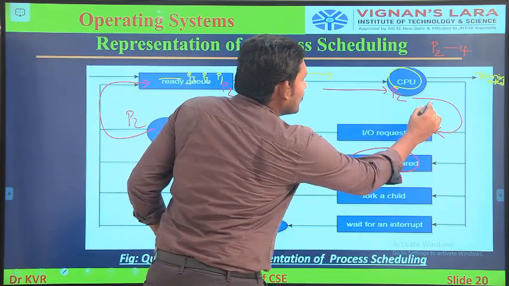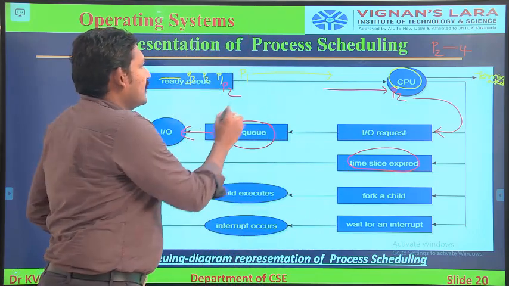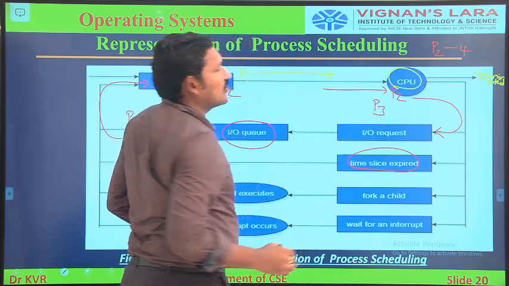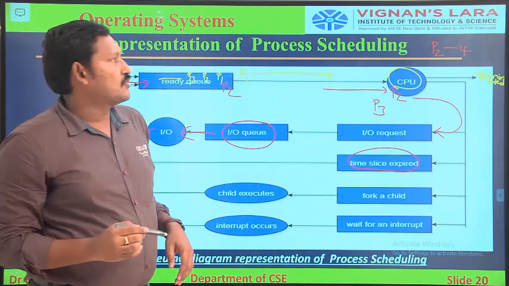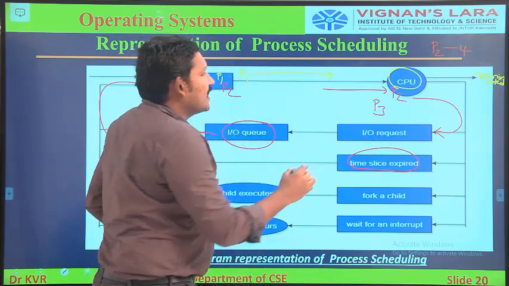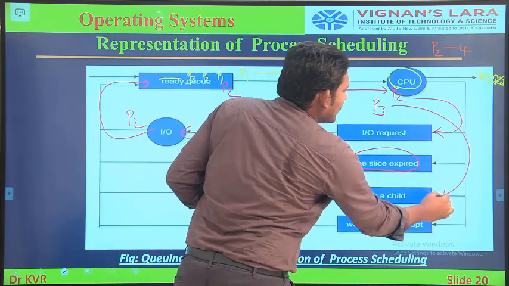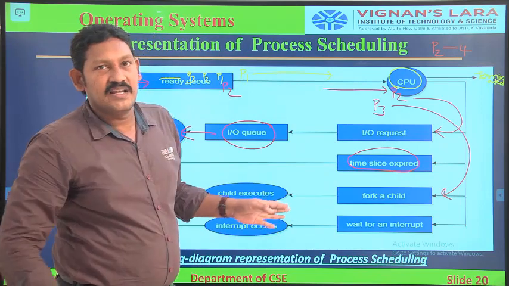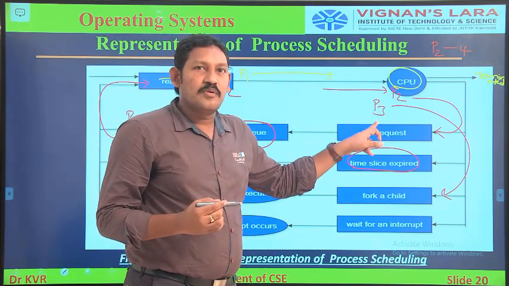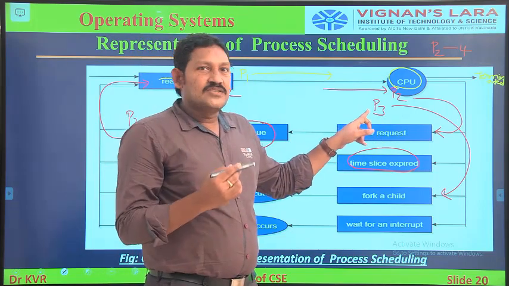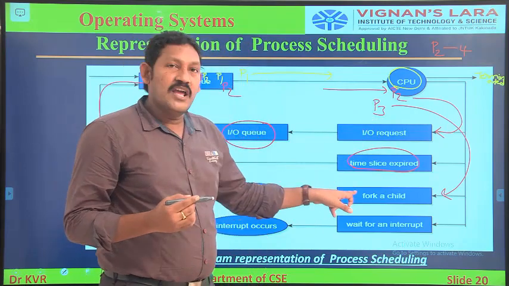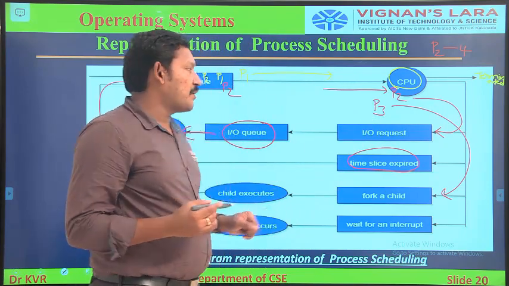Coming to the fourth, let us suppose the CPU is executing process P3. If during its execution this process has created a new child, that is, forked a child, then what happens?